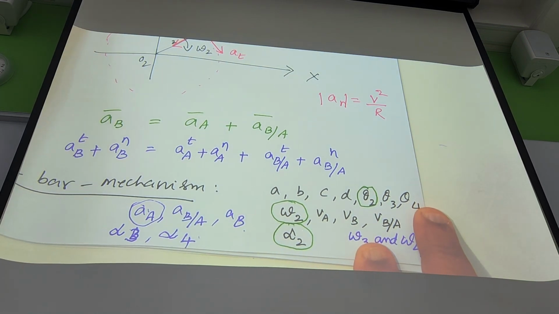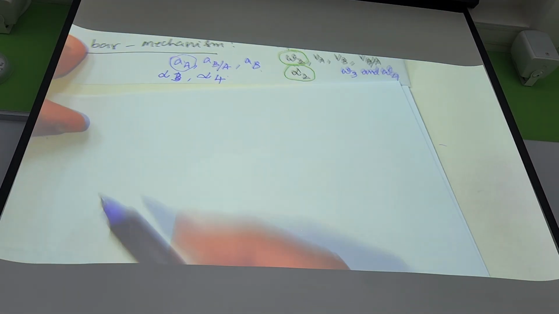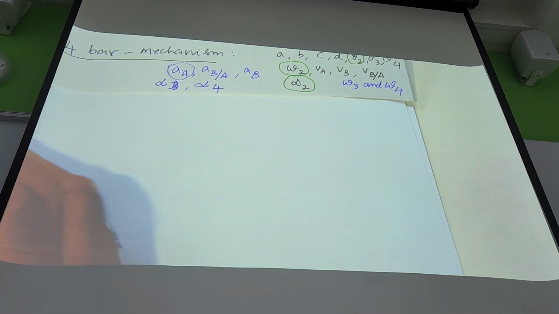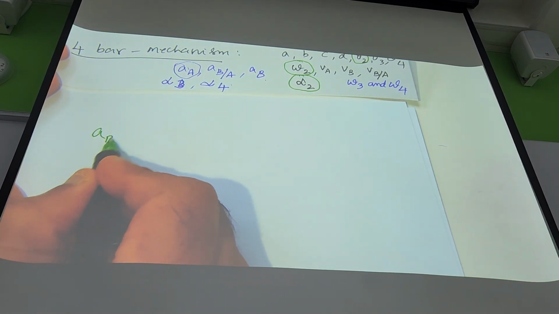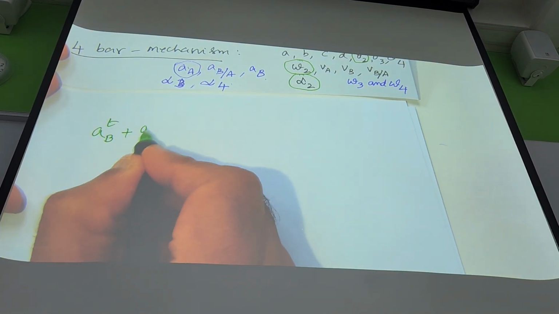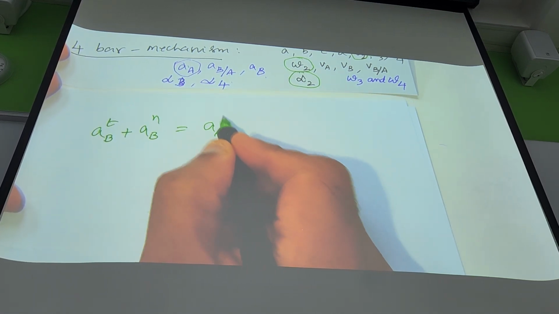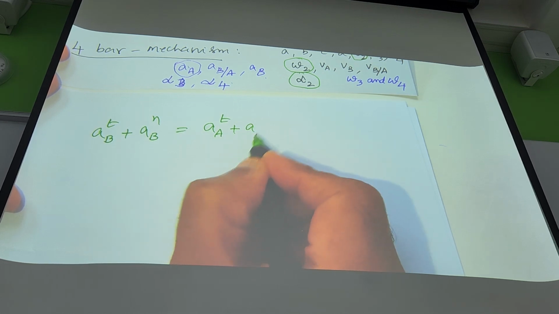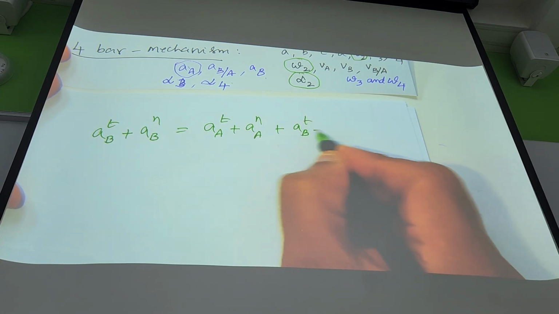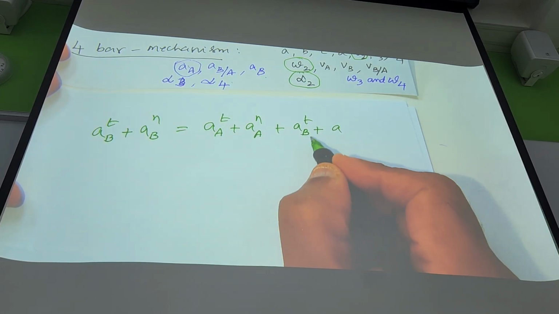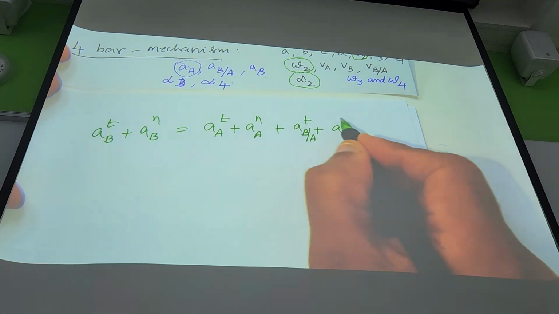Okay, so now I'll go back to the formula. Acceleration of B tangent plus acceleration of B normal is equal to acceleration of A tangent plus acceleration of A normal plus acceleration of BA tangent plus acceleration of BA normal.